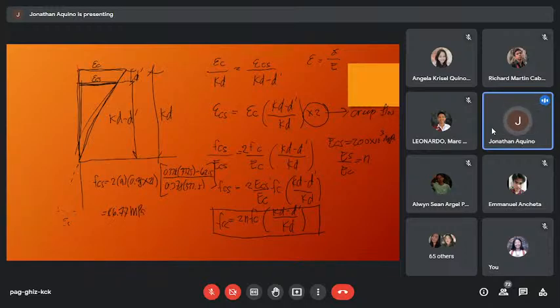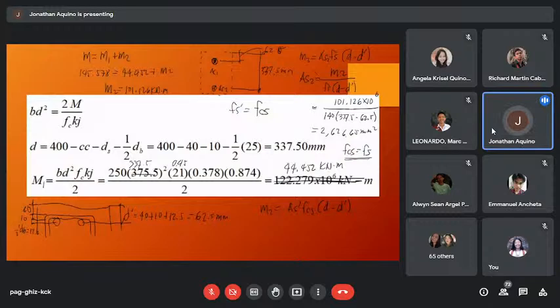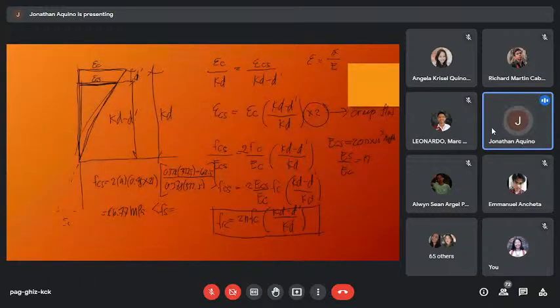megapascal. So this is less than Fs of, ang Fs natin? 140. So this is less than 140 megapascal. So meaning, if your FCS is less than Fs, the compression steel will not yield. But if your FCS is greater than Fs, compression steel yields.